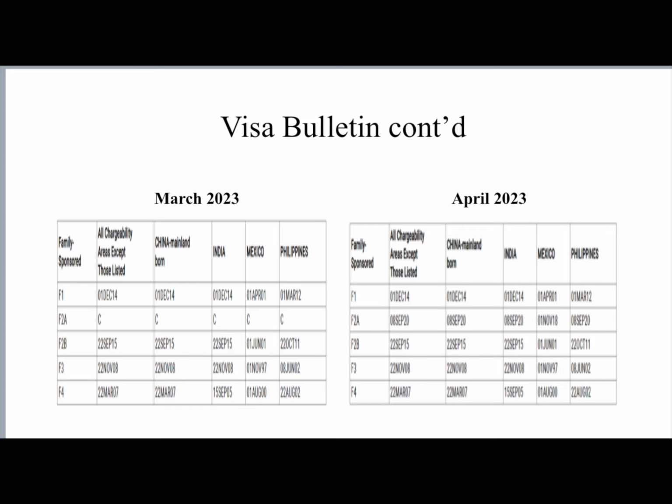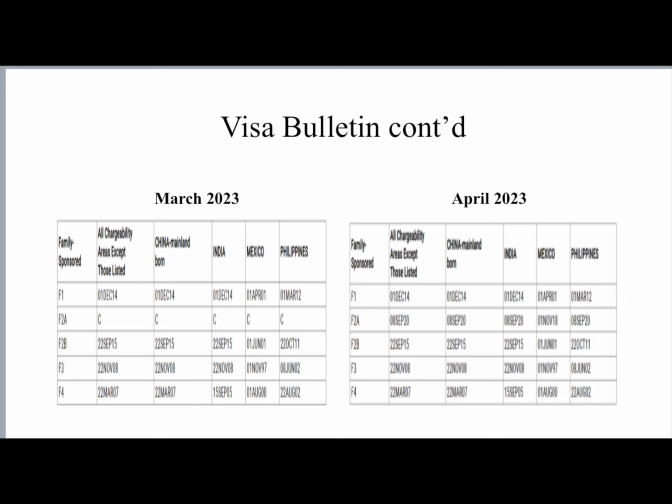So now in order for you to be current, if you were in the F2A category, you had to have a PD that was before September 8, 2020. So nothing changed for the other categories.